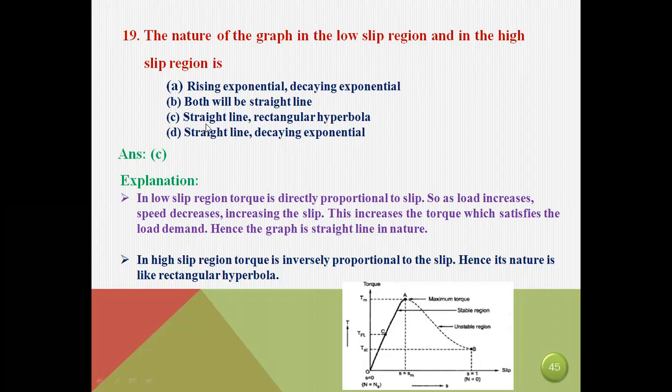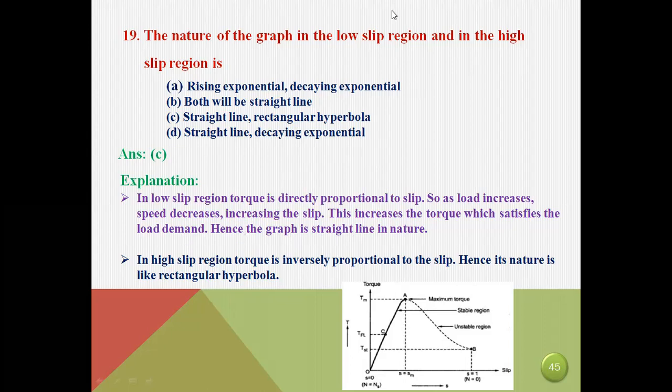Now for the high slip region, it looks like a decrease, but it is a rectangular hyperbola. In the low slip region, torque is directly proportional to the slip. So if we increase the load, speed decreases, and as speed decreases, slip increases. This increases the torque, which satisfies the load demand.